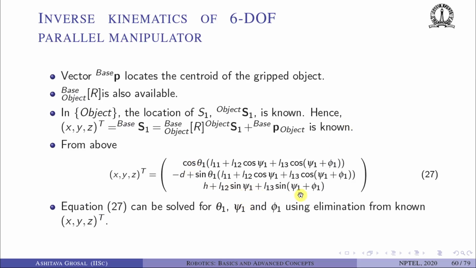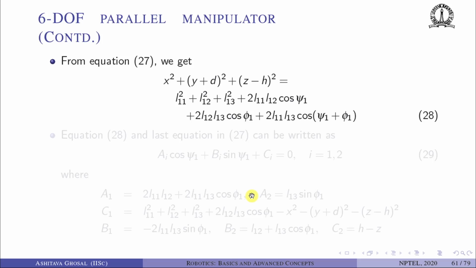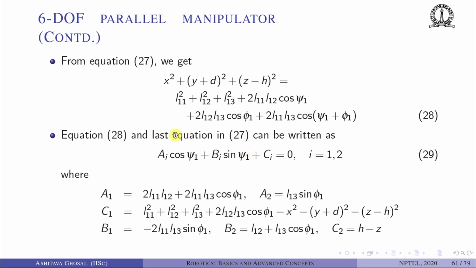It contains only psi 1 and psi 1 plus phi 1. So we got one equation in psi 1 and psi 1 plus phi 1, which is the z component. So we have two equations. The last equation can be written only in terms of psi 1 and phi 1.